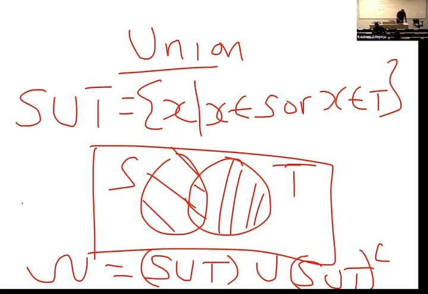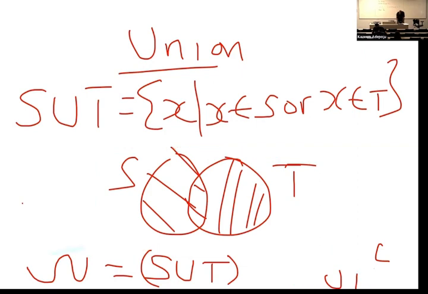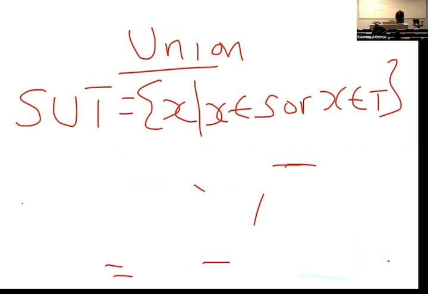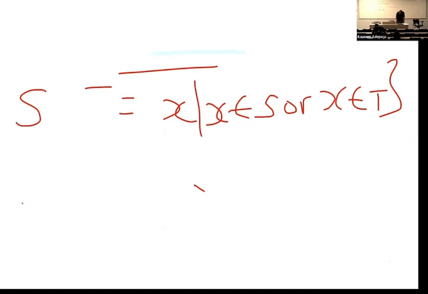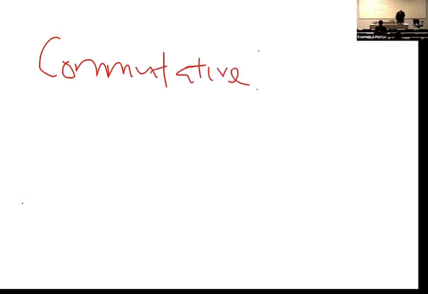Okay, now we want to talk about the properties of union. In the properties of union, union is commutative.